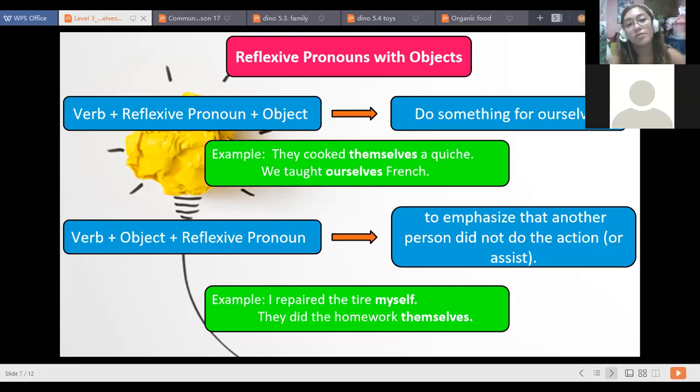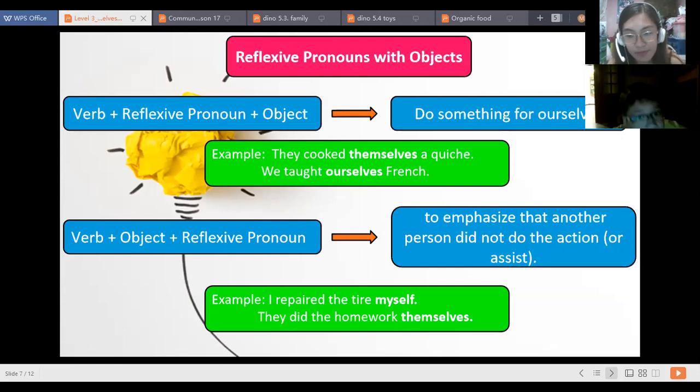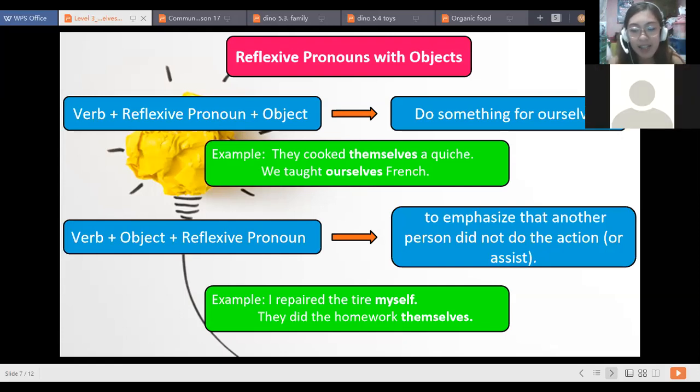We taught ourselves French. Okay, so can you give me there the reflexive pronoun? Where is the reflexive pronoun? Again, can you give me the reflexive pronoun?